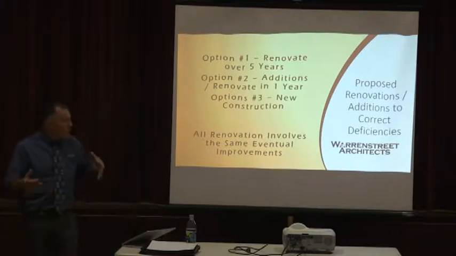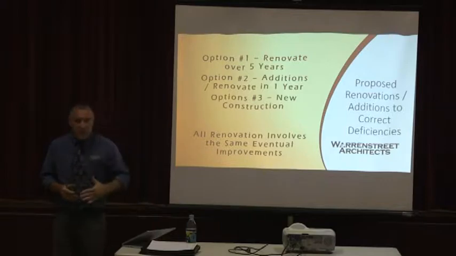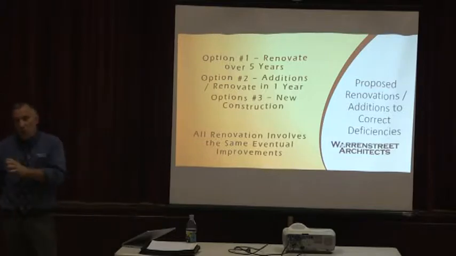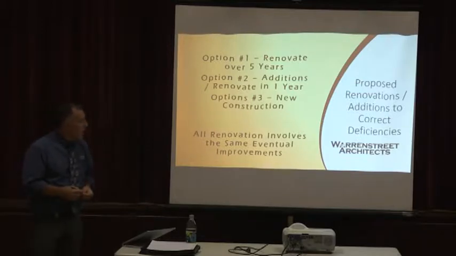So once I had the basic report completed, we had a list of deficiencies. We knew what was to happen. We also had the program, and we knew what space needs were required, what areas were deficient, what areas were good.